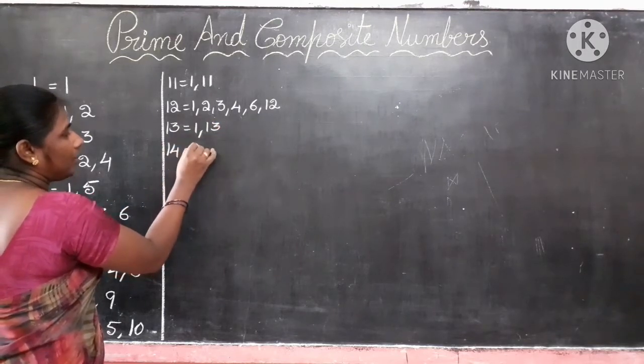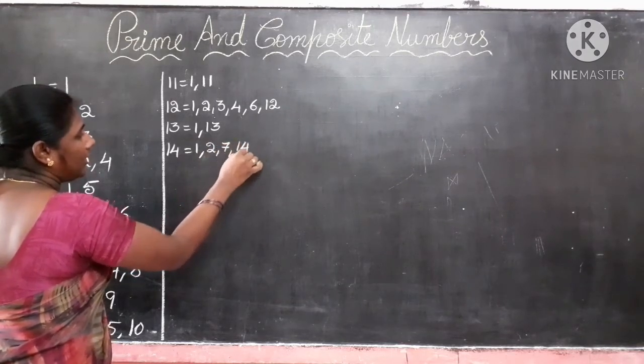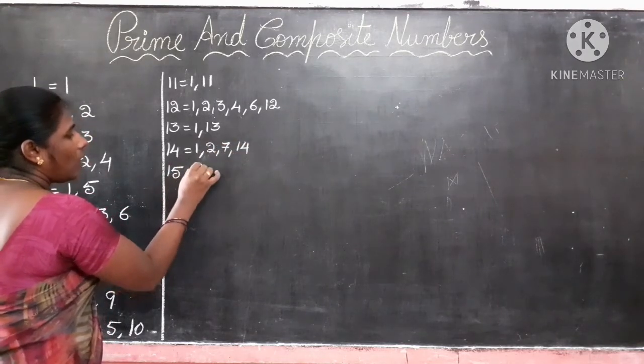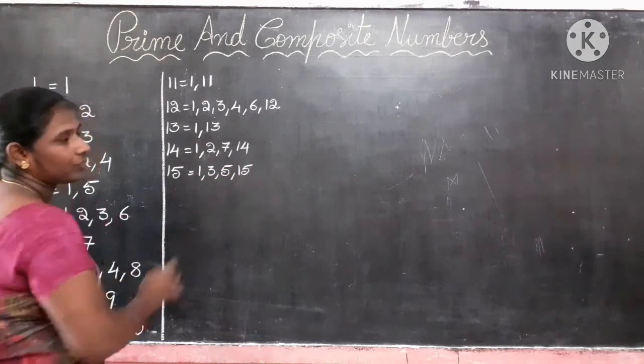14 will come in what table? 1 table, 2 table, 7 table and 14 table. 15, 1 table, 3 table, 5 table, 15 table.